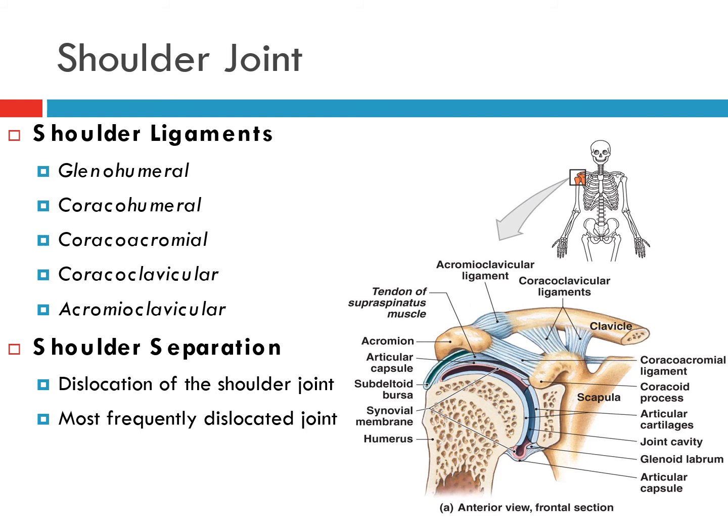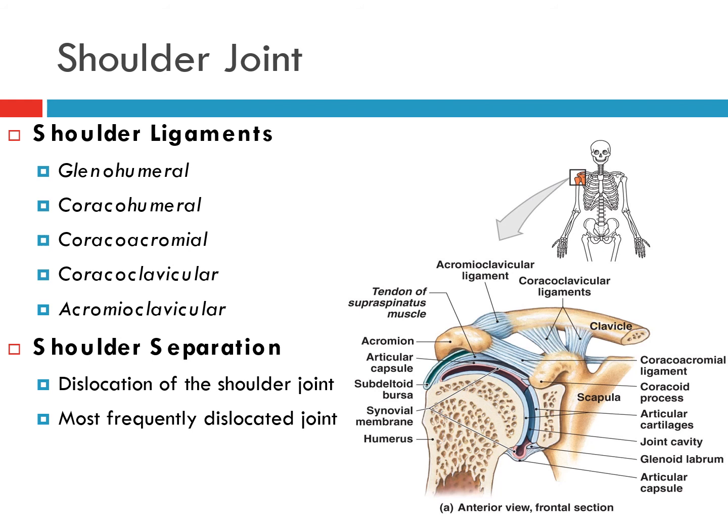So the glenohumeral ligament, I don't even see it on here, but it would go from the glenoid fossa to the humerus. The coracohumeral ligament would go from the coracoid process to the humerus. So those are probably resected away in this picture.